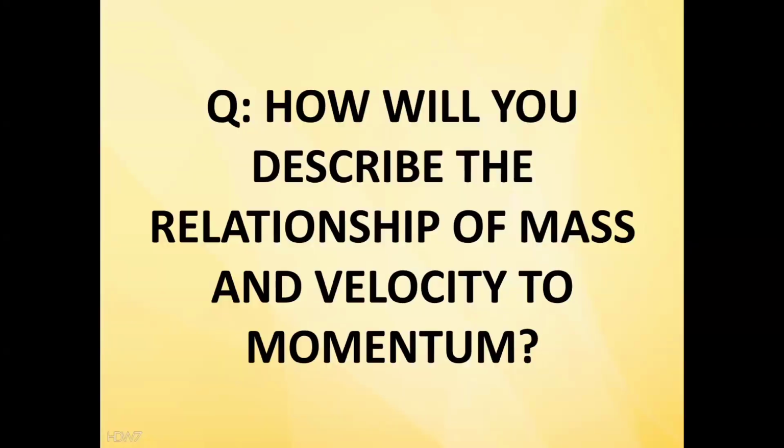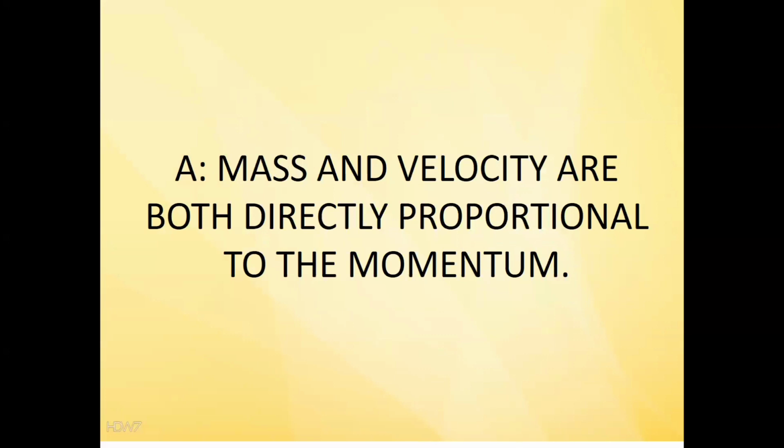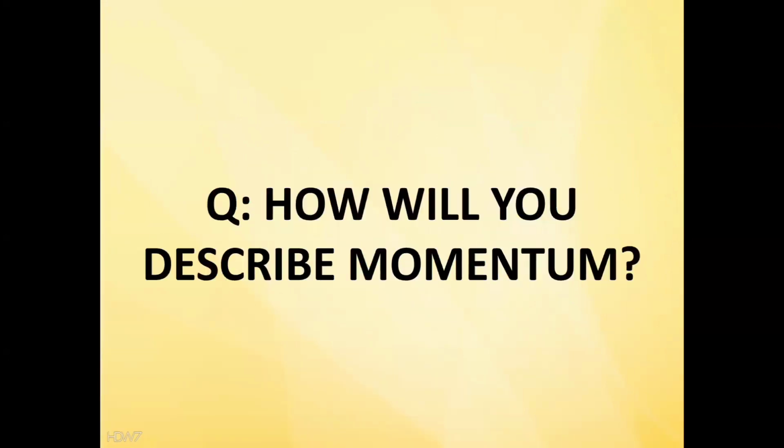How will you describe the relationship of mass and velocity to momentum? Mass and velocity are both directly proportional to the momentum. As the mass or velocity increases, the momentum also increases. How will you describe momentum?